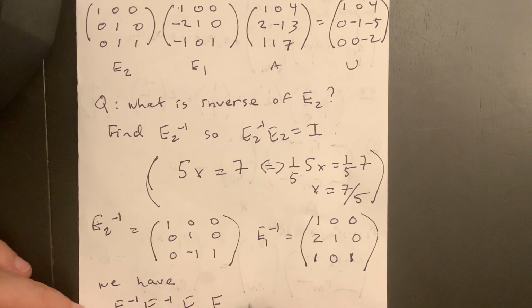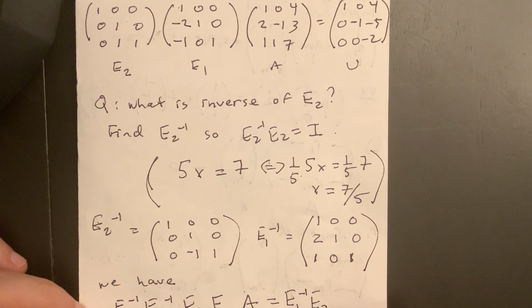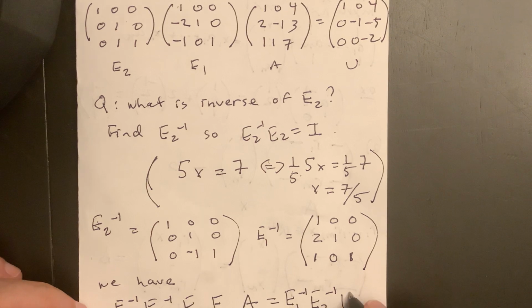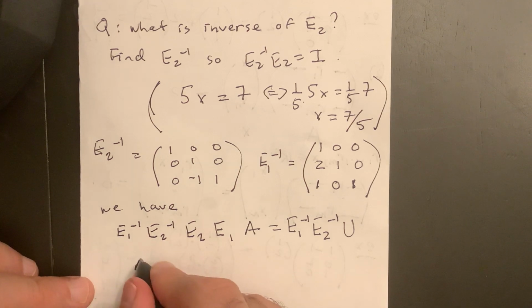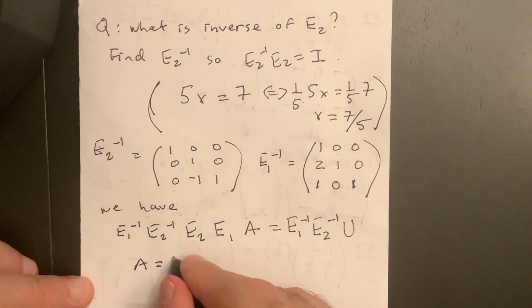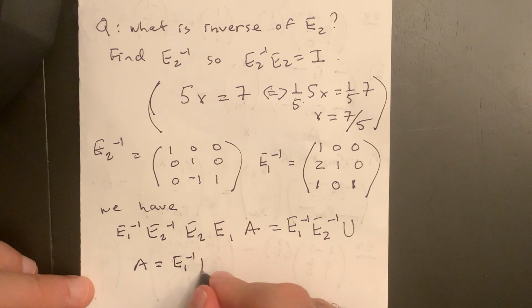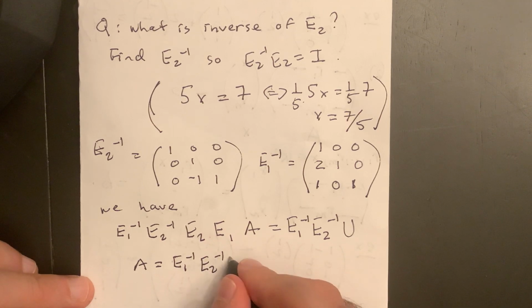This becomes I again, or goes away. But remember, this was equal to U, so on this side, I also have to multiply in the correct order. And I have isolated A: A equals E1 inverse, E2 inverse, U.